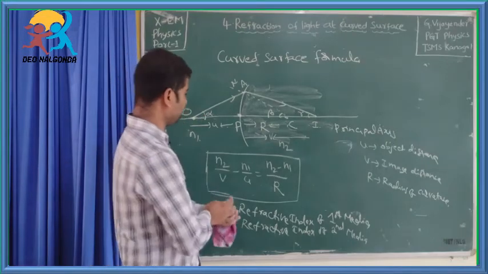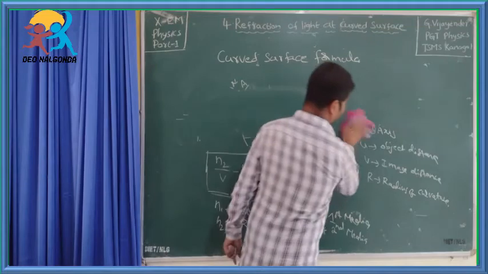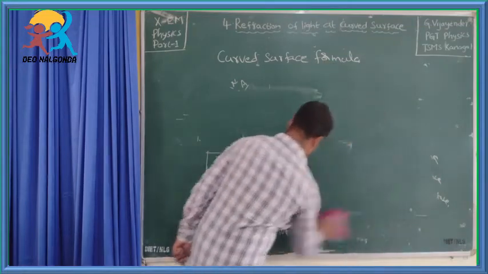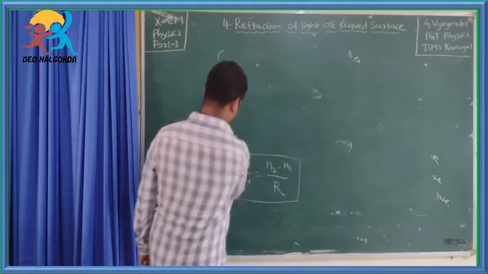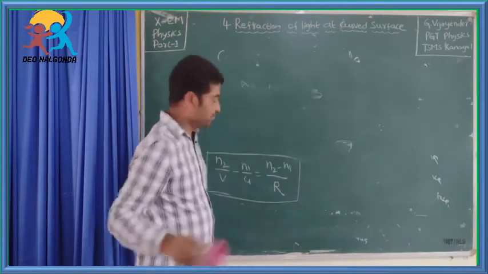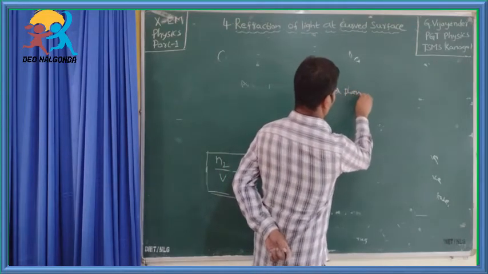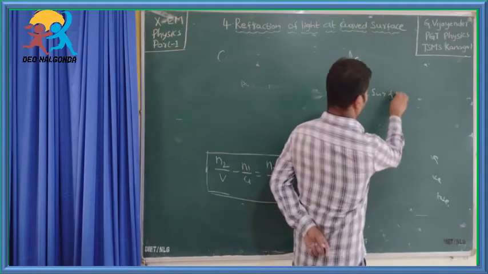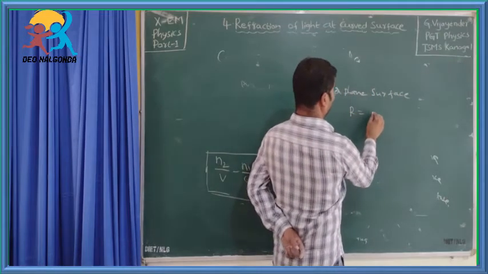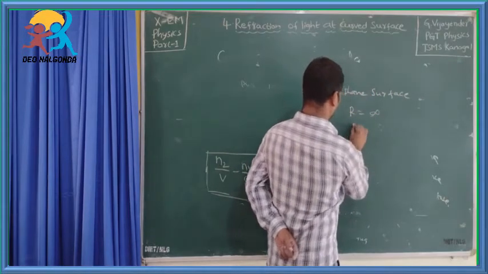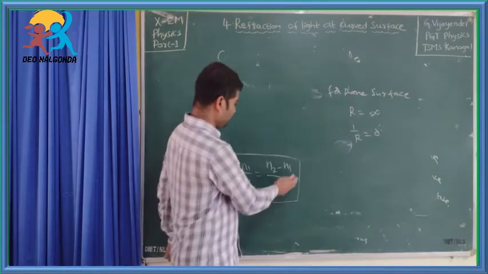For plane surfaces, the radius of curvature becomes infinite. For a plane surface, the radius of curvature is equal to infinity. That means 1 by r becomes 0. So in the right side part we get 0.